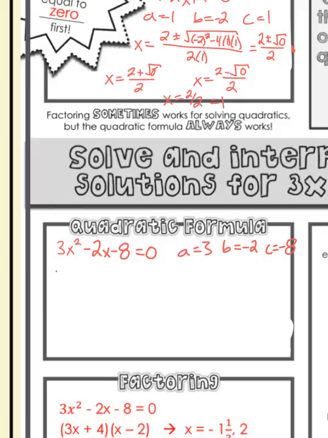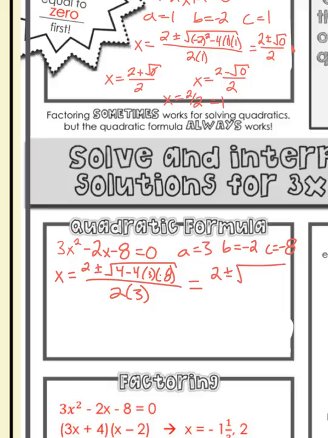Now we do our quadratic formula, substitute it in, so x equals negative b plus or minus the square root of b squared minus 4ac all over 2a. We're going to simplify that square root in this step.